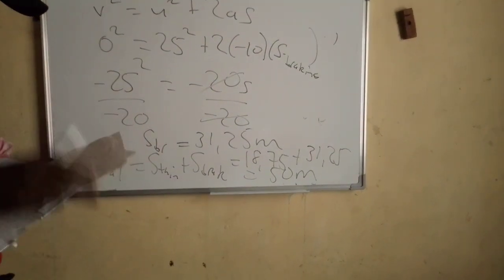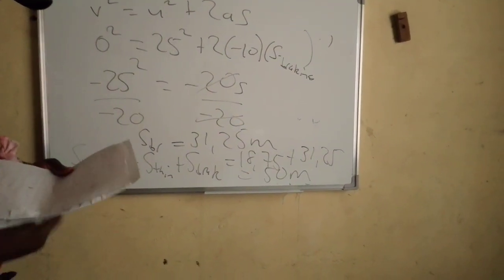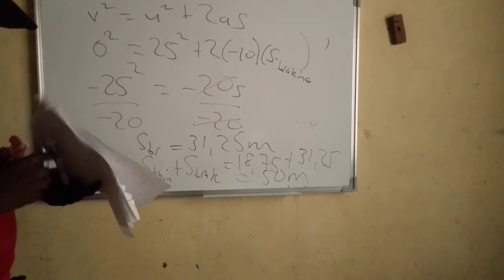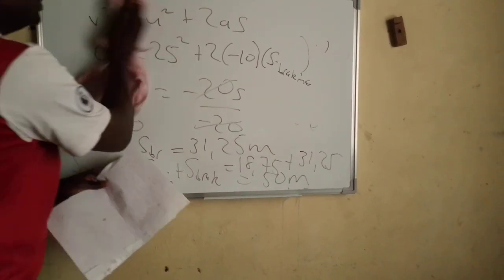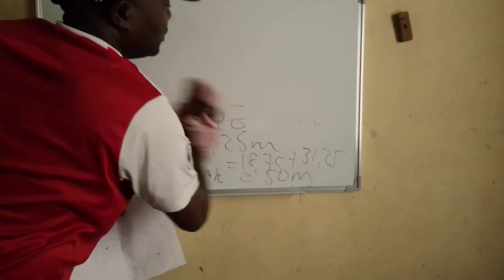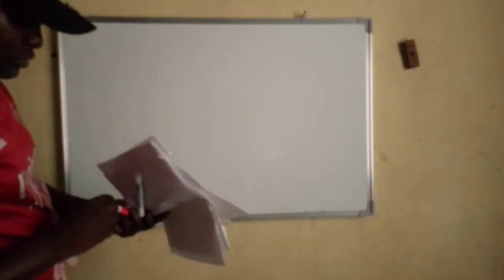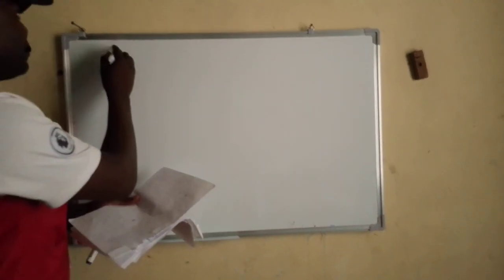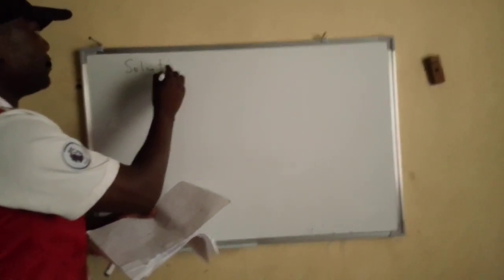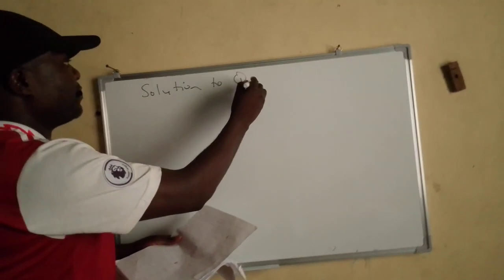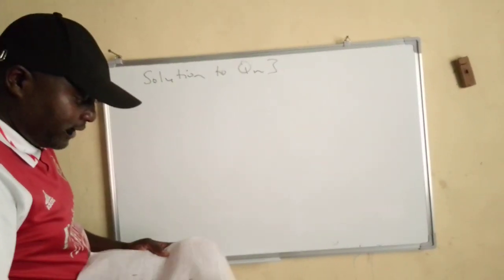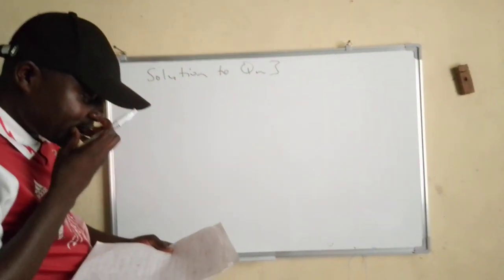Now moving on to the solution to question 3. A driver is driving at 10 meters per second.